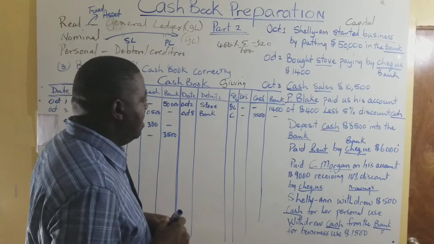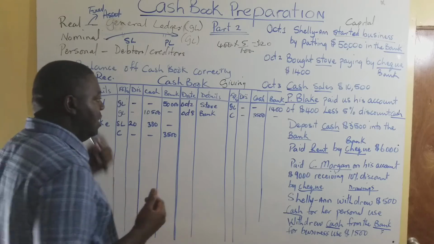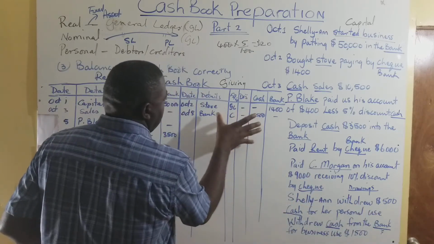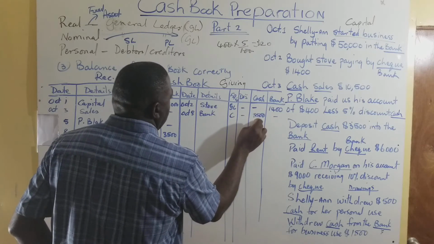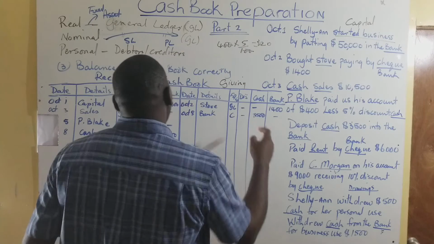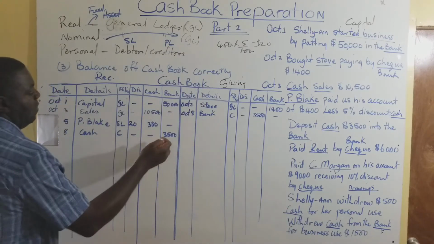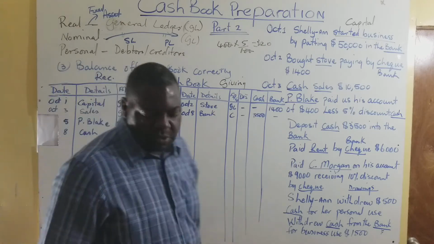Hope you've gotten that one. So that is a contra entry. The cash is giving it, so we record on the credit side that money went out of the cash column, and the bank is receiving, so on the debit side we show that the bank received it. All right, let's go to the next transaction.